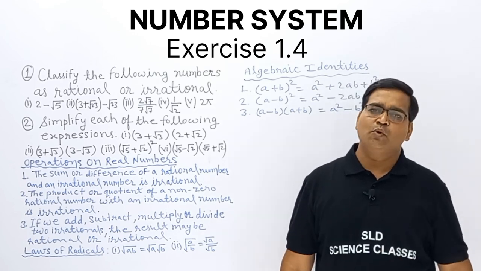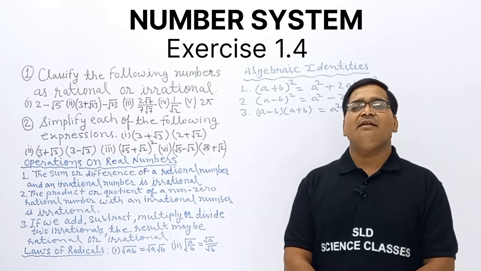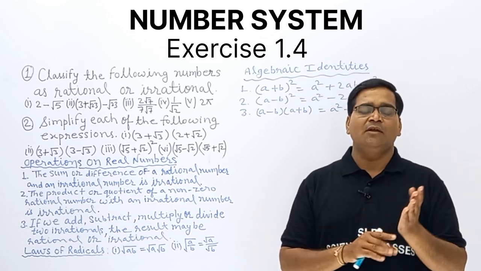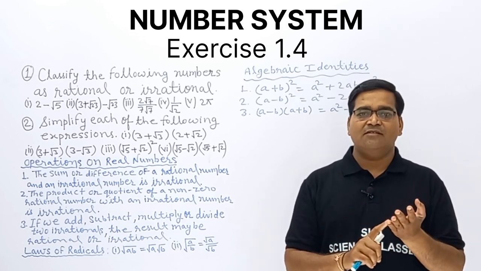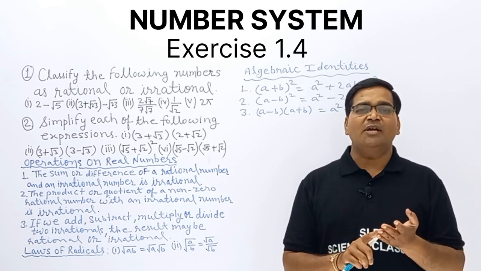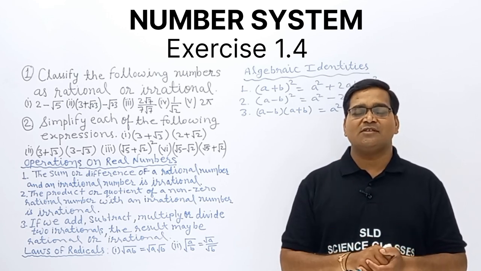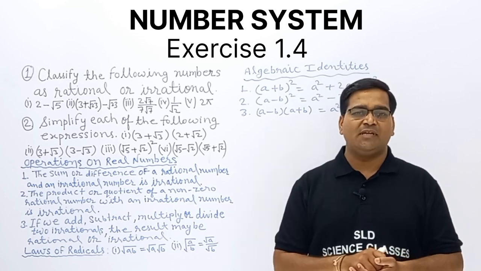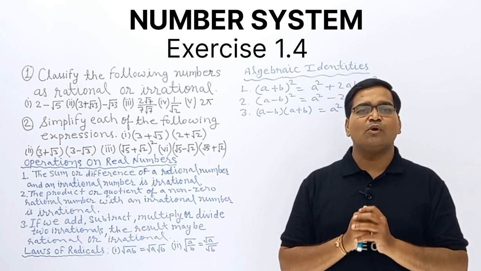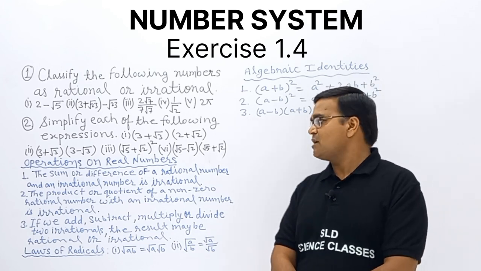Whatever numbers we are studying are real numbers, and real numbers are a combination of rational and irrational numbers. Rational numbers include natural numbers, whole numbers, all integers, terminating decimal expansions and non-terminating repeating decimal expansions. The remaining condition, non-terminating non-repeating, is called irrational. All these integers and decimals are real numbers.